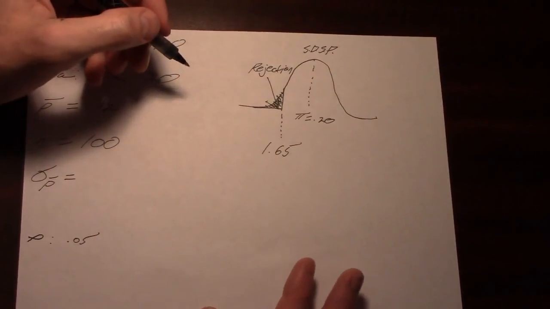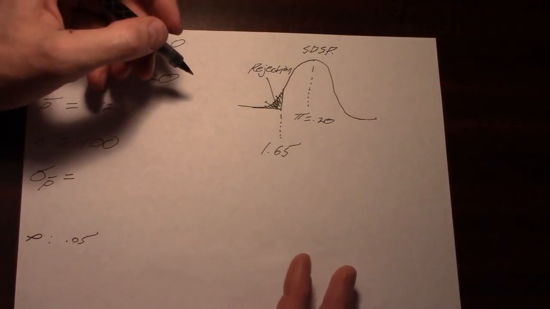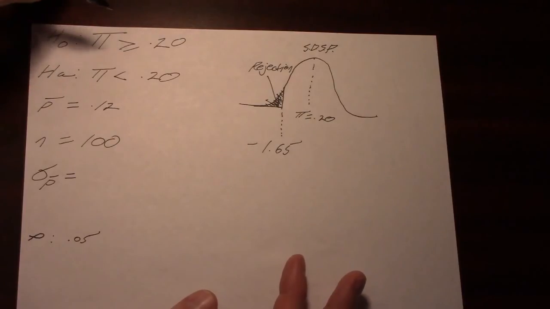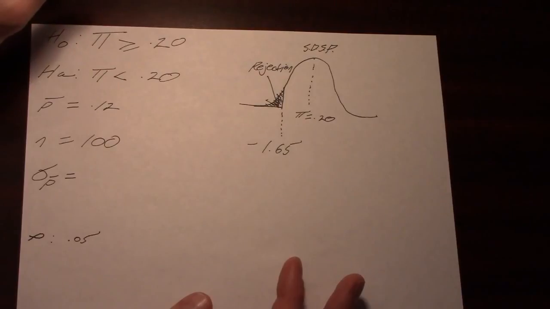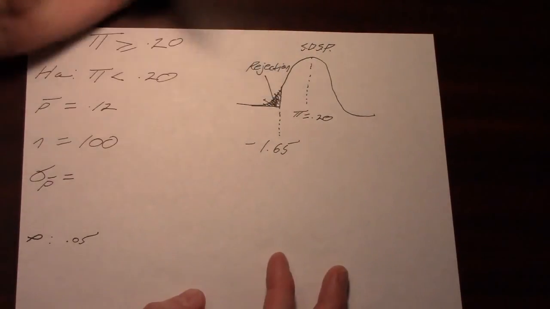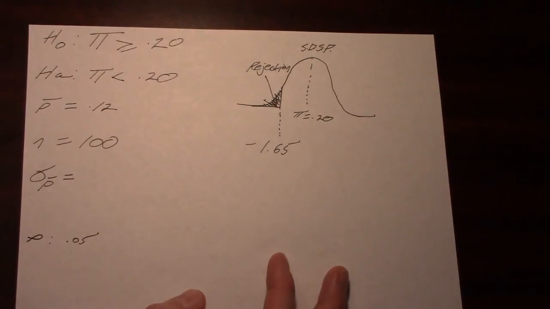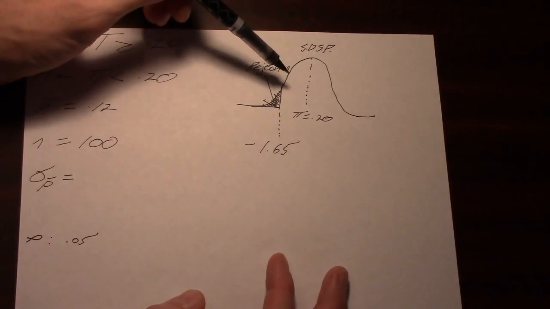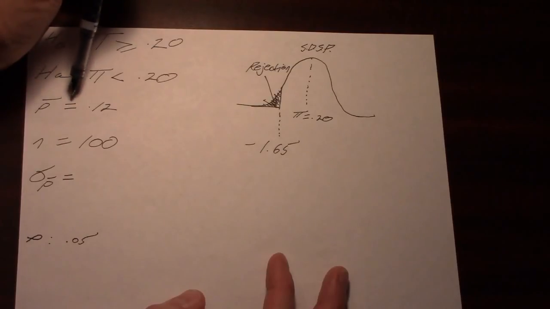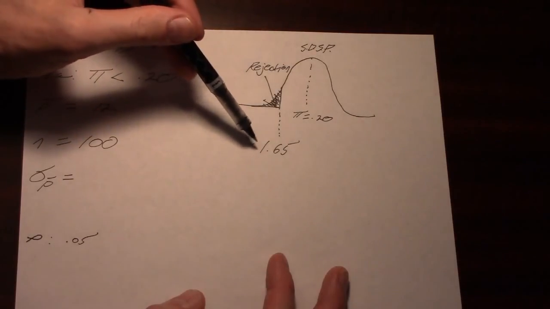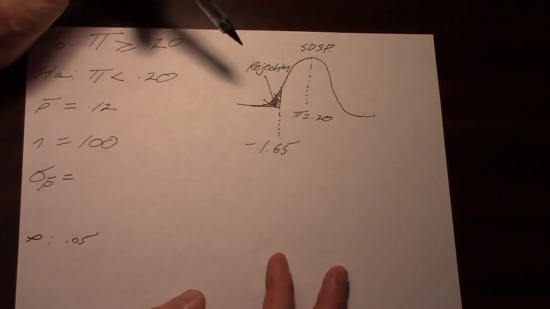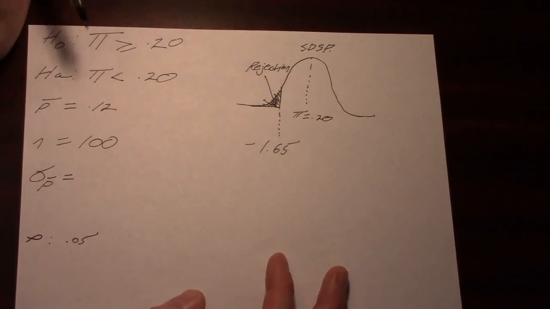If you were to look on your z-table, you would see that negative 1.65 has the area under the curve of 5%, meaning it separates the bottom 5% from the top 95%. So we're going to be looking for a test statistic for this sample proportion of less than negative 1.65. If it is less than that, we're going to reject the null and assume the alternative.